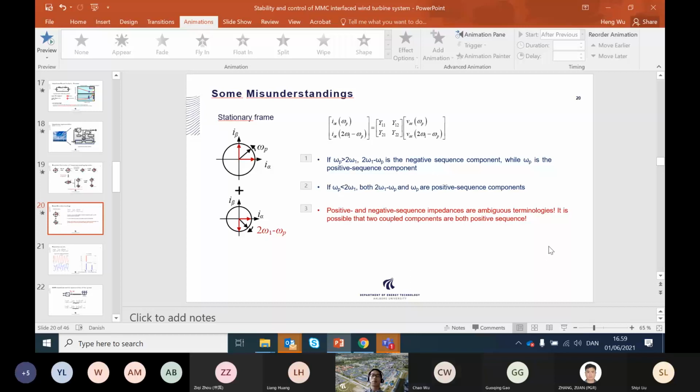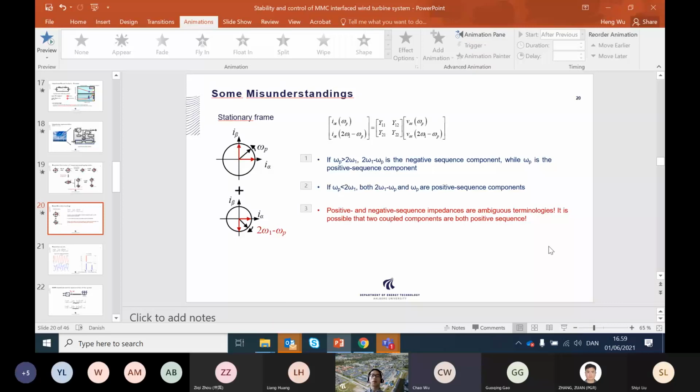So this is a difference. I mean, this model we still call a sequence model because we use a complex variable. You need to change from the scalar value to the complex value, so it should be the sequence domain model.